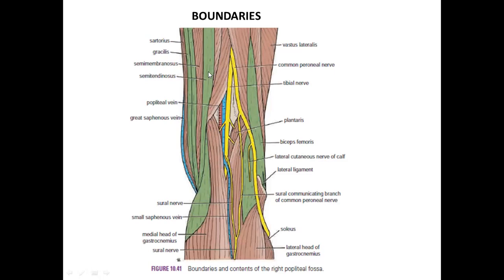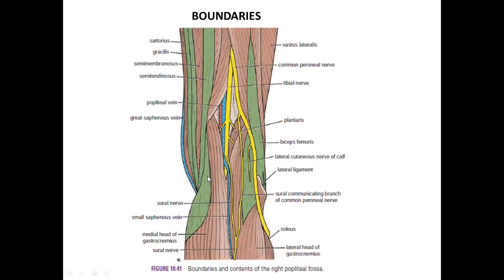The superior medial boundary is formed by two muscles, the semimembranosus and the semitendinosus muscle, which we have already discussed in the previous class. The superior lateral border is formed by the biceps femoris muscle, this one.